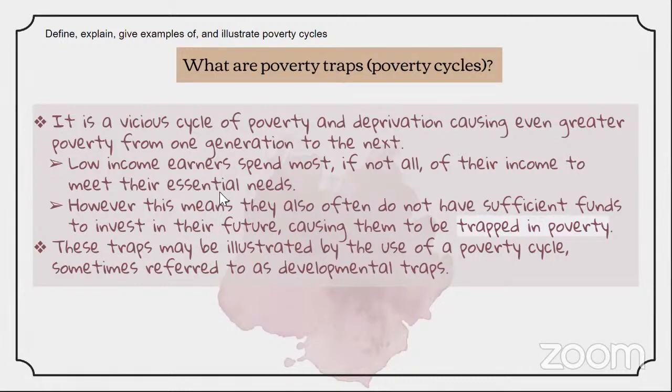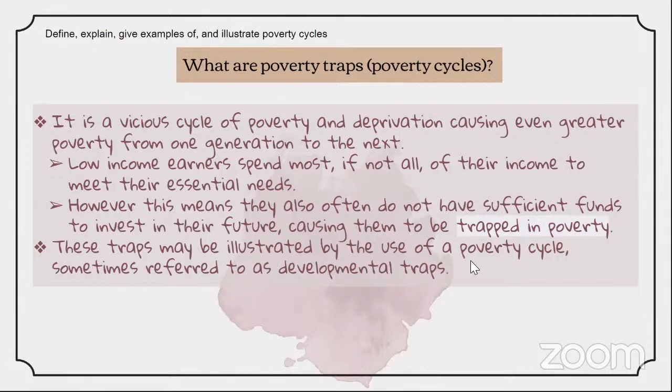So they don't have a lot of funds to invest in their future, in trying to get out of their situation. That's why they're trapped in poverty. It's not that they like being in poverty, but sometimes they just don't have the opportunity to get out of the trap. These traps may be illustrated by the use of a poverty cycle.